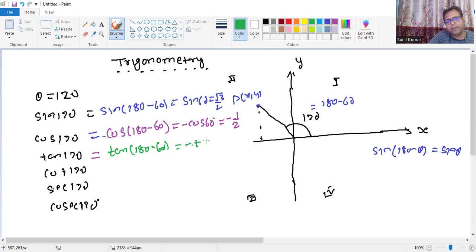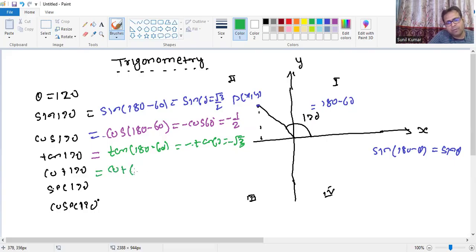So we can write minus tan 60 degrees, and tan 60 is root 3. So tan 120 degree is equivalent to minus root 3.